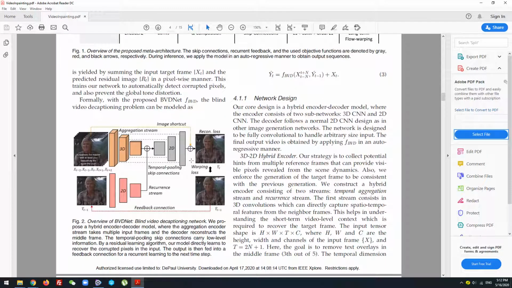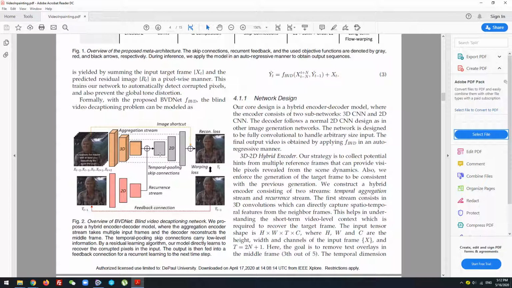This explains the process here. We take 5 frames and put them into the 3D model. This algorithm combines them and tries to remove all the captions. It might generate some distorted image in this area, so we use the output frame, the prediction frame, together with this distorted image and correct it into the real output.